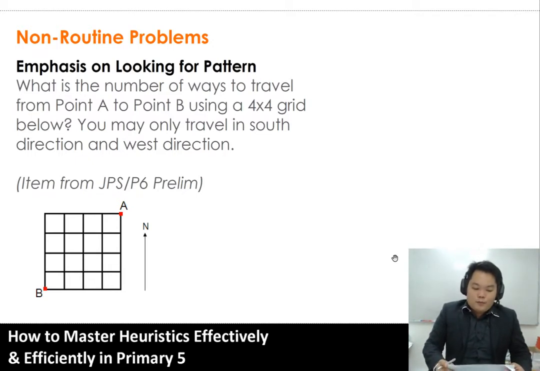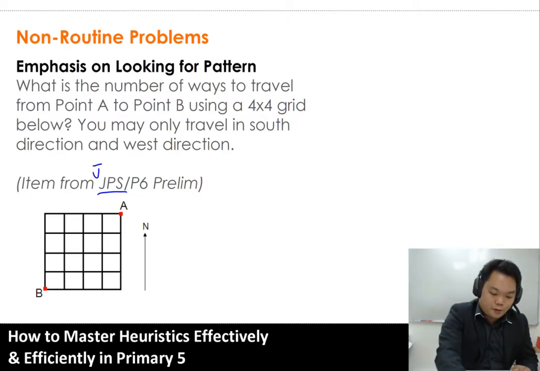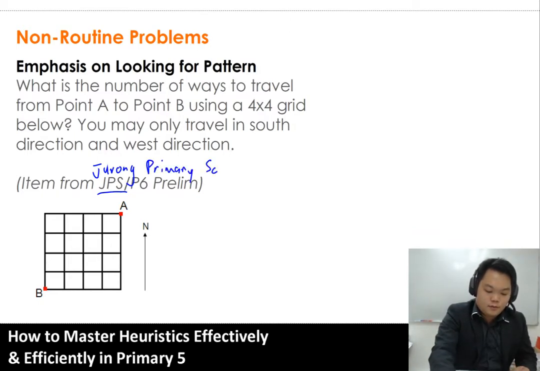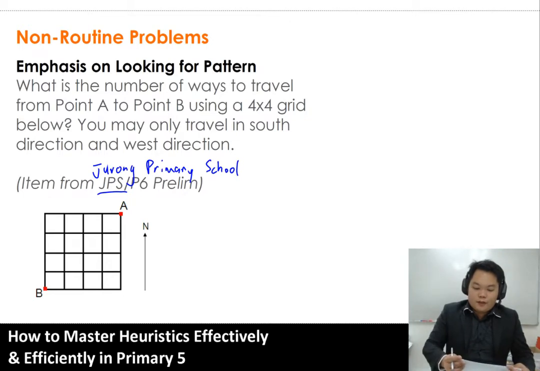Non-routine problems emphasize on looking for patterns, such as this problem here. JPS stands for Jurong Primary School. Okay, what is the number of ways to travel from point A to point B using a 4x4 grid below?